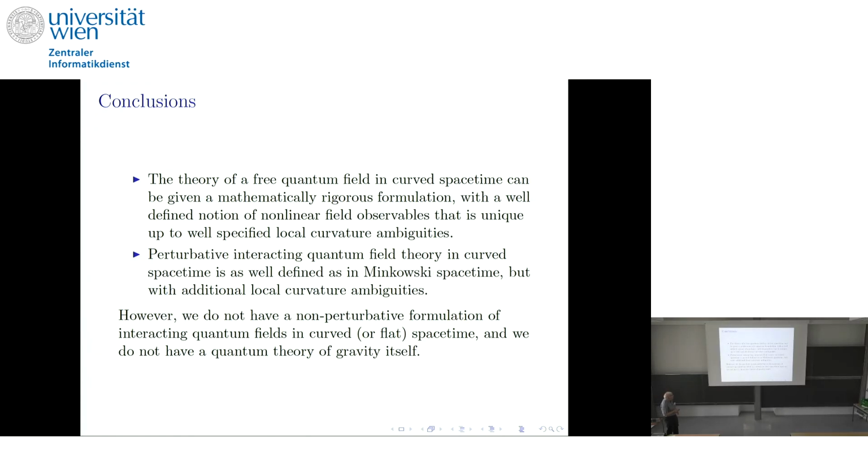And similarly, perturbative quantum field theory is as well defined as it is in Minkowski space, although there'll be additional local curvature ambiguities. What we don't have is a non-perturbative formulation of interacting quantum fields in curved, or for that matter, in flat space-time. And of course, gravity has been treated entirely classically in this whole procedure, and we don't have a quantum theory of gravity itself.